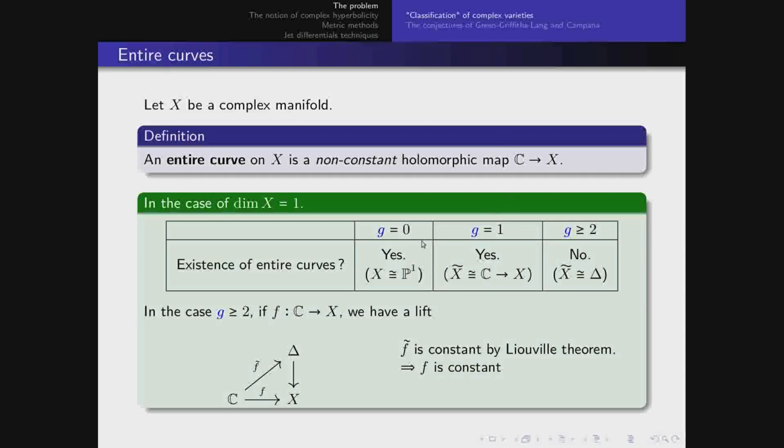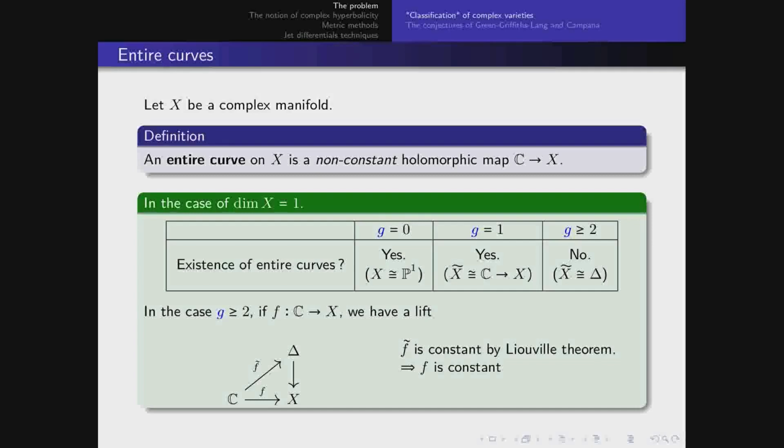So you see here that you have a dichotomy between the projective curves which admit entire curves and the ones which don't. And that's this dichotomy that is expected somehow to hold in higher dimensions.